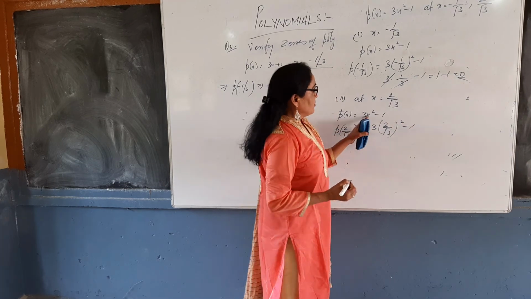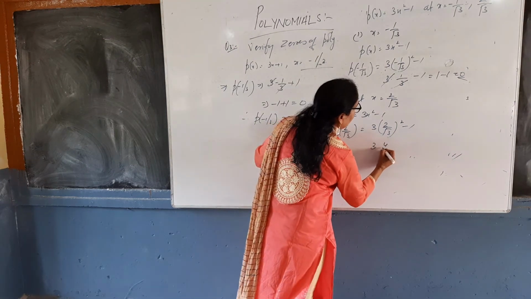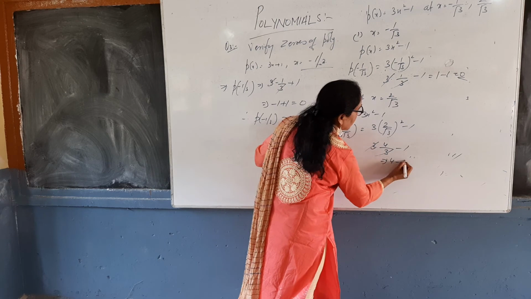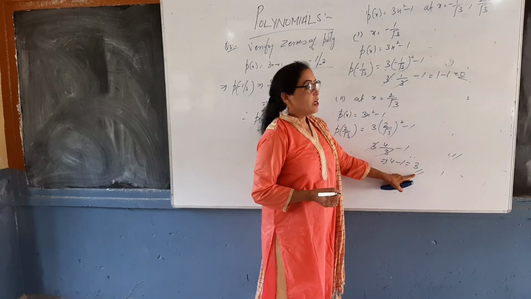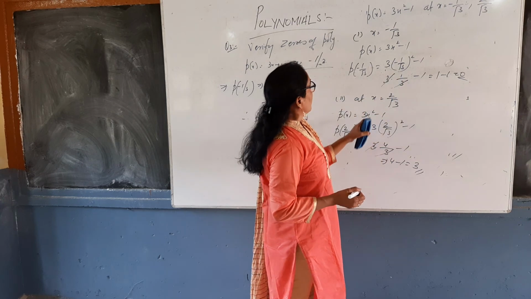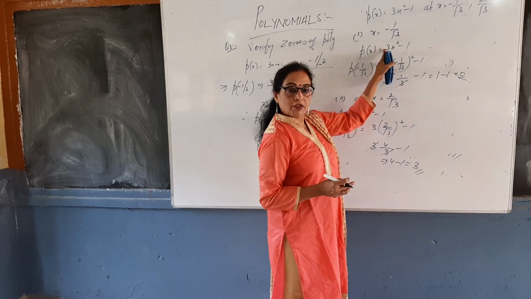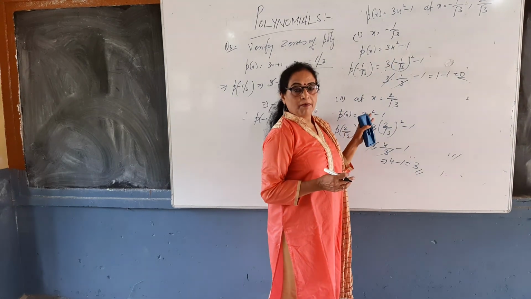So it is 3 into 4 upon 3 minus 1. This 3 cancels. So you get 4 minus 1, which is equal to 3. Means you are getting the value 3, not 0. So it means x equal to 2 by root 3 is not a zero of this polynomial. You do all these questions in a fair copy.